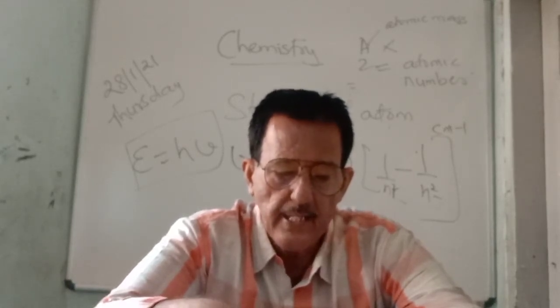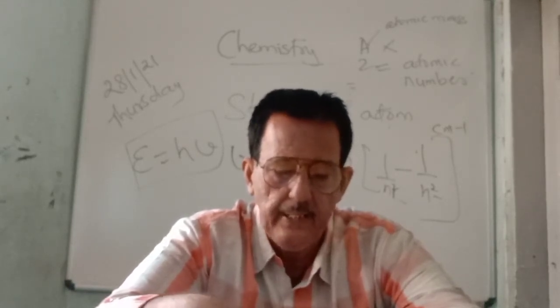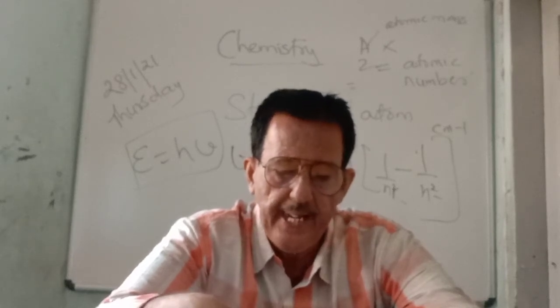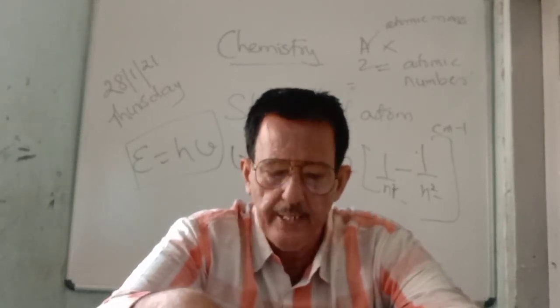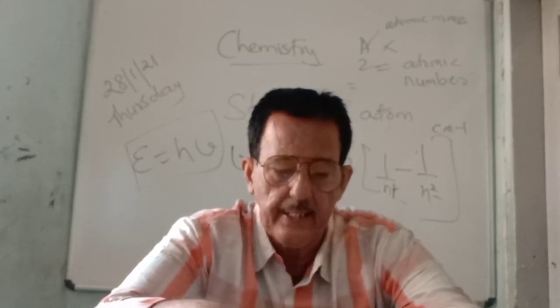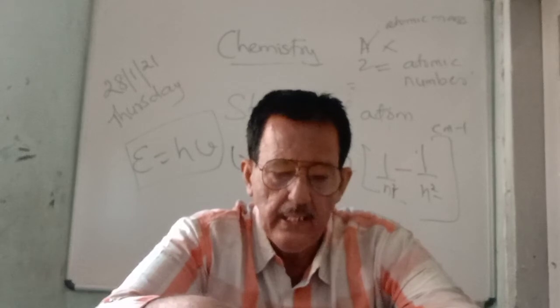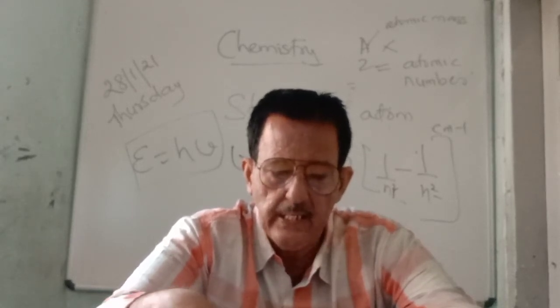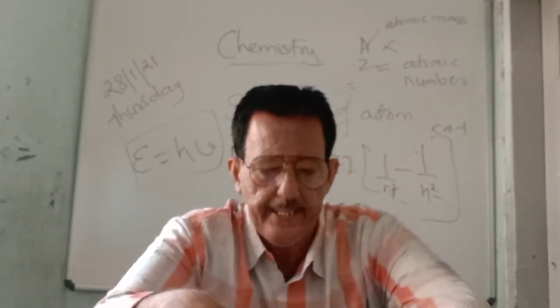O17, mass number will be 17, number of protons will be 8 and number of neutrons will be 9. Then O18, mass number will be 18, number of protons will be 8, and number of neutrons will be 10.